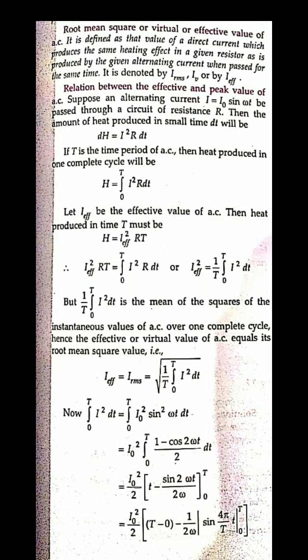So what do we mean by RMS value? The RMS value is defined as the value of a direct current which produces the same heating effect in a given resistor as is produced by a given alternating current when passed for the same time. This is the definition of virtual value, effective value, or root mean square value.